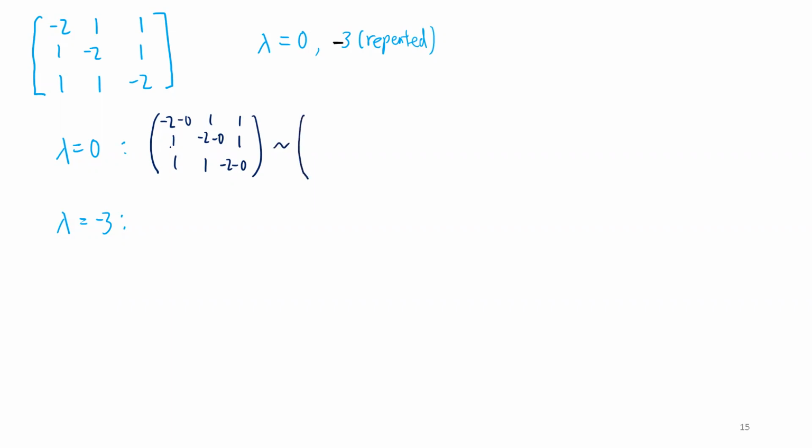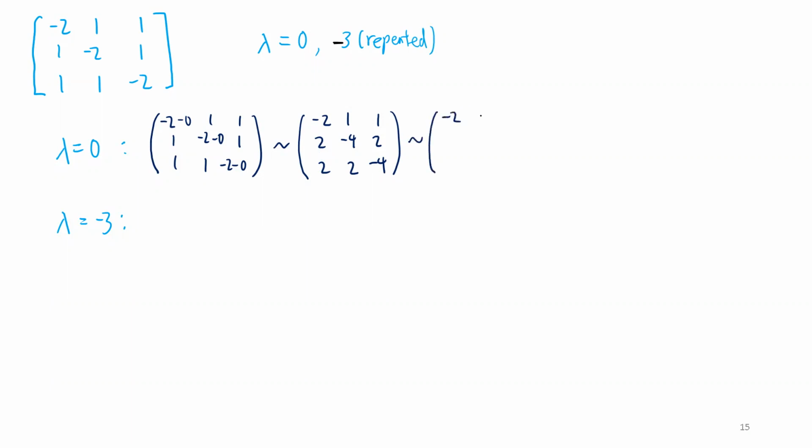What I'm going to do is keep the first row, minus 2, 1, 1, and then I multiply the second row and the third row by a factor of 2. Then I have 2, minus 4, 2, and then 2, 2, minus 4. Then I eliminate the second and third leading coefficients.